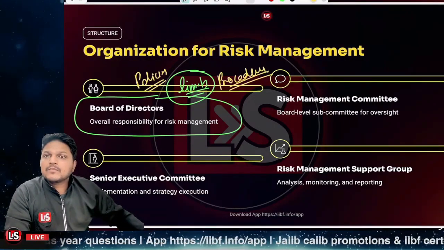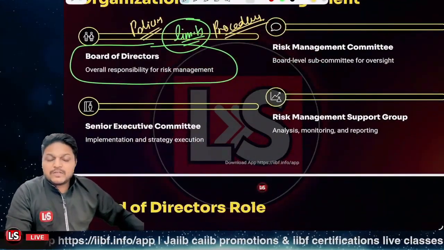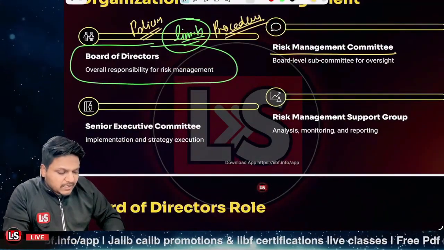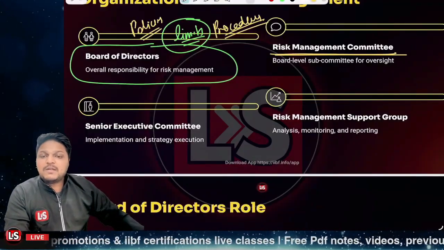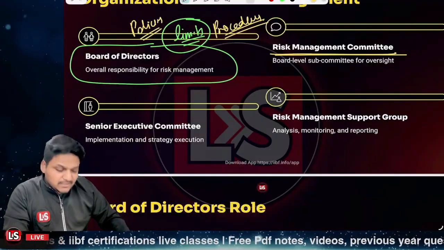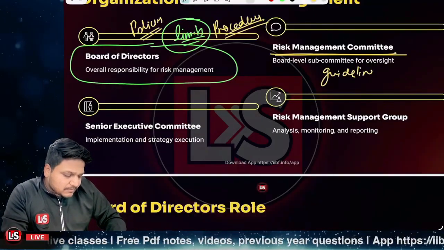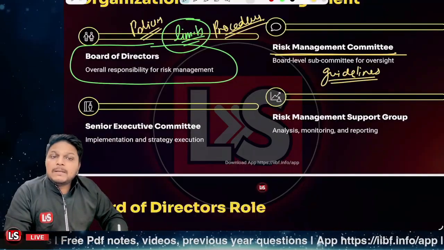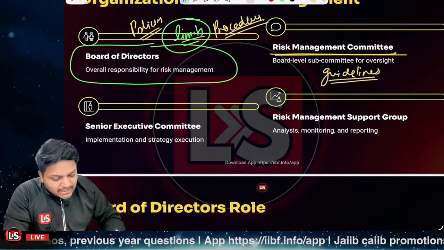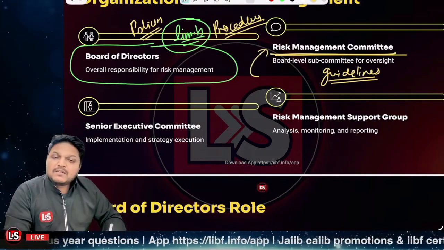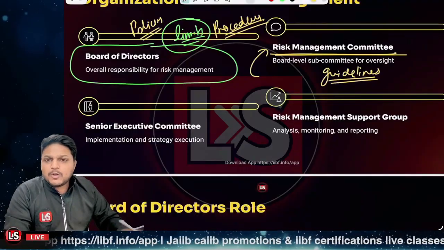Is that clear? Further, at the second tier, we have the risk management committee. Now, the risk management committee is a board level subcommittee, right? And the major responsibilities are related to what? Whatsoever guidelines are there for reporting and risk management purposes must be taken care of, and the risk management committee has to check whether we are conforming with the policy or not.